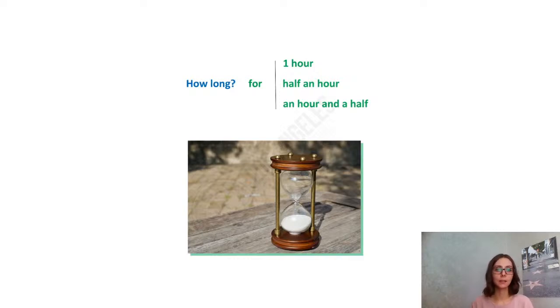Usually, and is pronounced like n if you combine two words together. For example, I usually cook my dinner for an hour and a half.